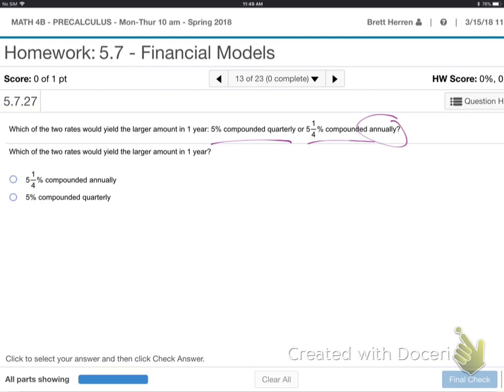Notice that, right? It's done only once a year, annually, like a birthday. You don't celebrate it quarterly, do you? 4 times a year. You'd be getting pretty old by now. All right, so 5%. This is lower, but it's done more often. And this is higher, but it's done less often.